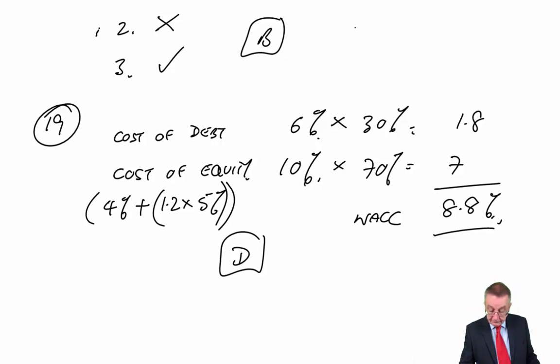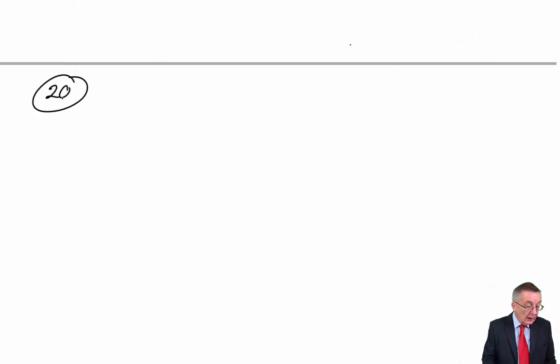Finally, number 20. The following financial information relates to QK company. Before I read, I should have looked at the bottom. On a historic basis, what is the net asset value per share? Well, apart from one obvious potential silly mistake, there really is no excuse. What's the total asset value?